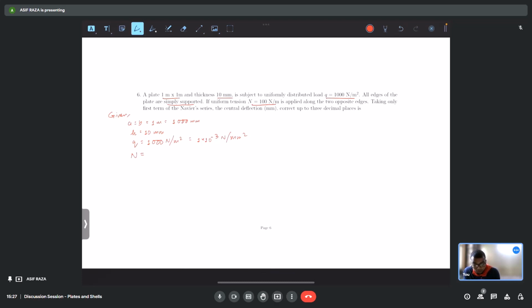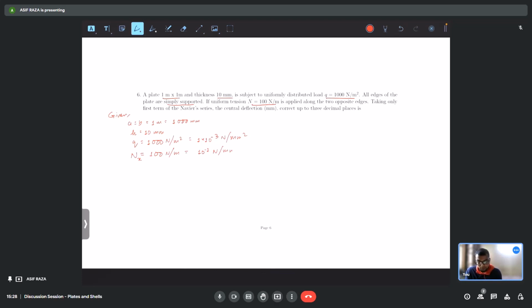So I can write Nx as 100 Newton per meter, which would be equal to 10 to the power minus 1 Newton per mm.